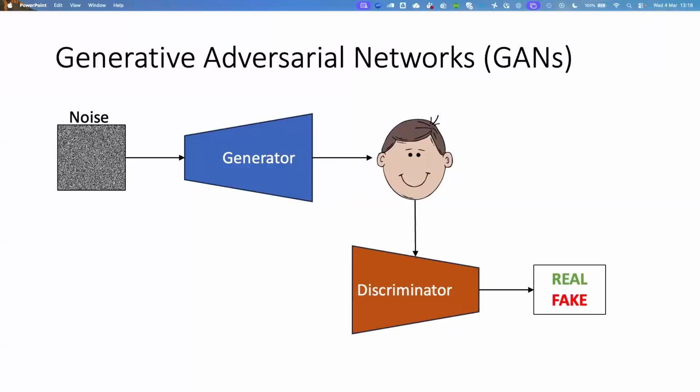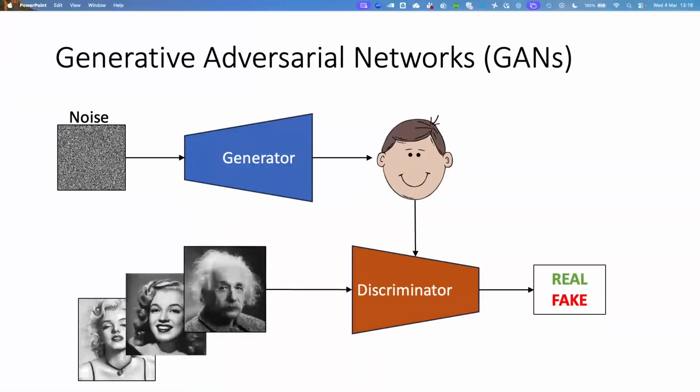So what you do is you compete it against another network, which is simultaneously trained, which tries to tell the difference between the artificial data that's being generated by the generator and real data. So you give it some real images, in this case of human faces, and the discriminator has to tell whether these ones that are presented to it at random, if you like, are real or fake, okay?